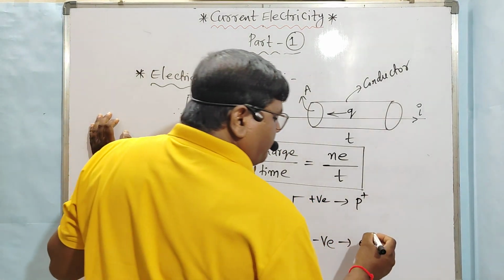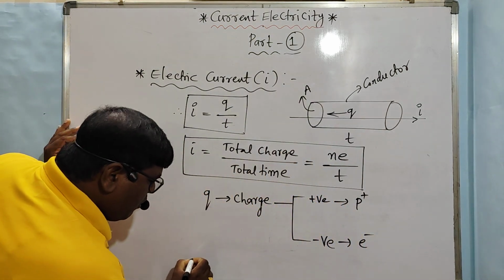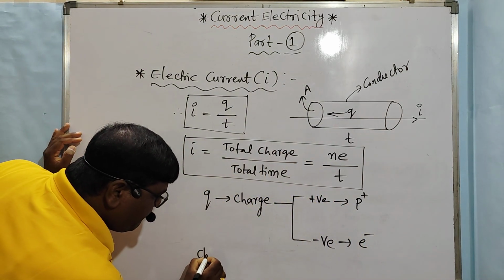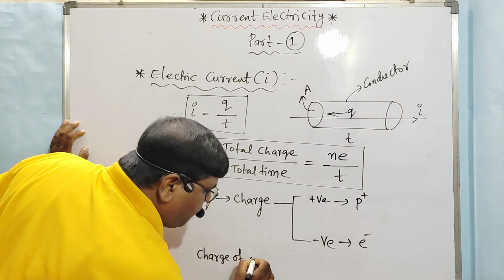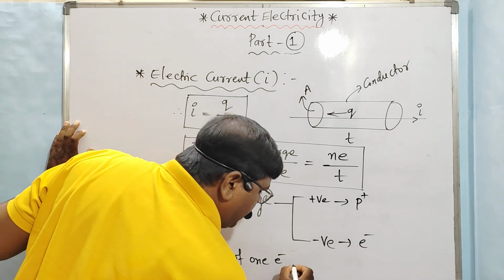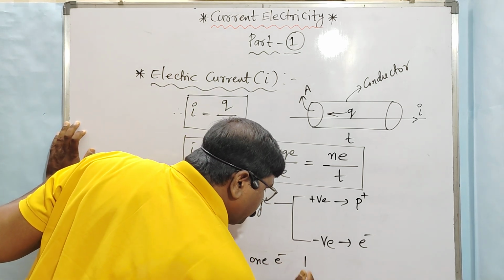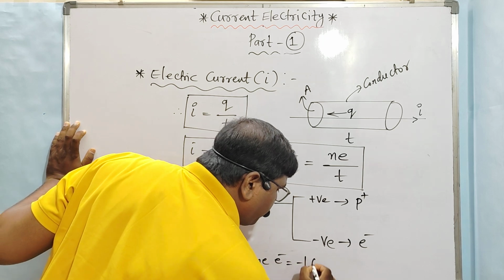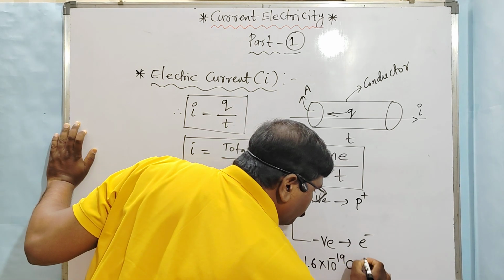The charge of one proton or one electron: the charge of one electron is negative, equal to minus 1.6 into 10 to the power of minus 19 coulombs.